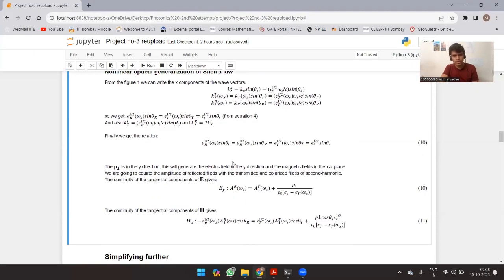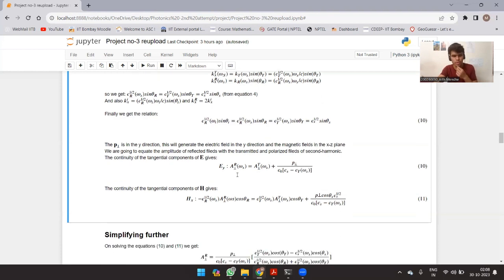Well, basically, we have to ensure that the electric field and the H field are continuous while going from one media to another, right? And we end up with these relationships between the transmitted and the reflected amplitudes. You can see that if you treat AT and AR as variables, we get two equations and two variables.